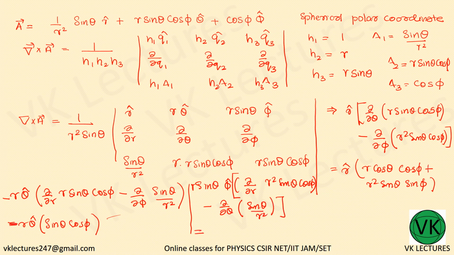So what is remaining? r sin theta phi cap into dou by dou r of r square, so 2r sin theta cos phi, minus dou by dou theta. So sin theta by r square will give minus cos theta by r square.